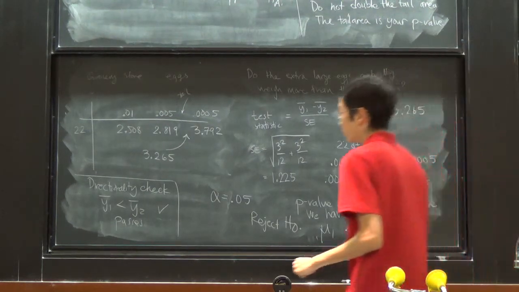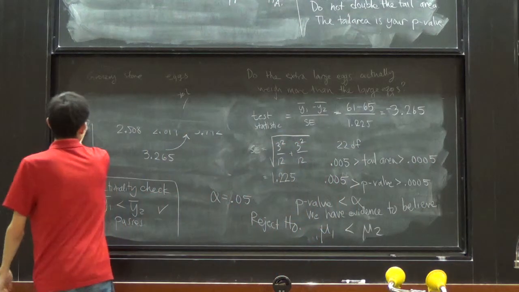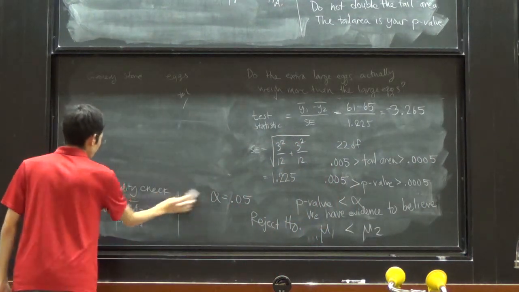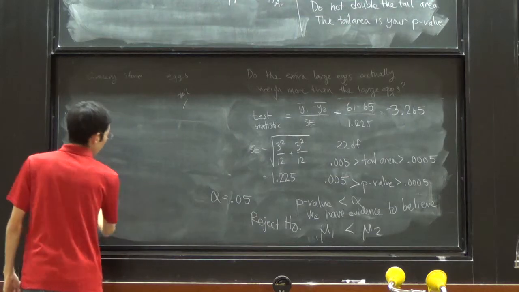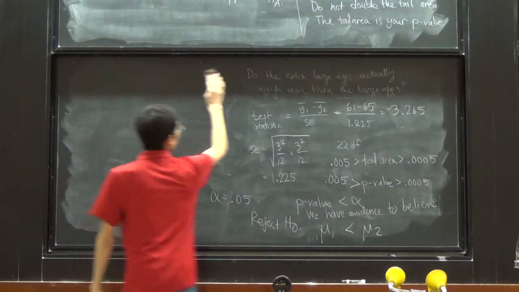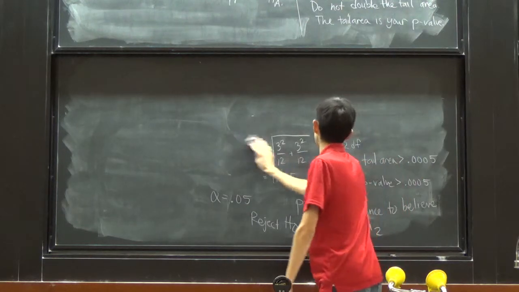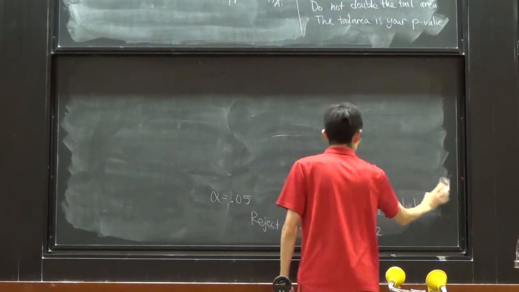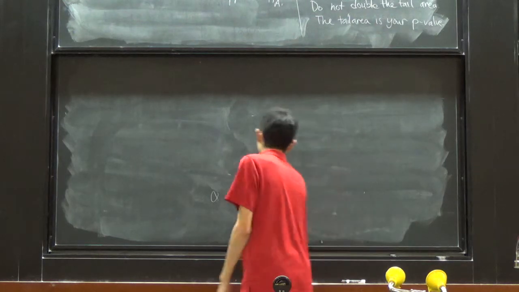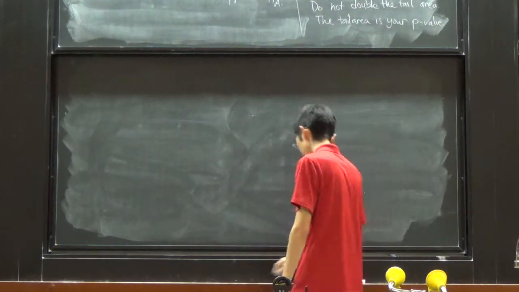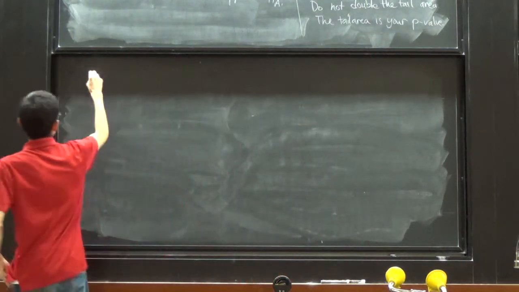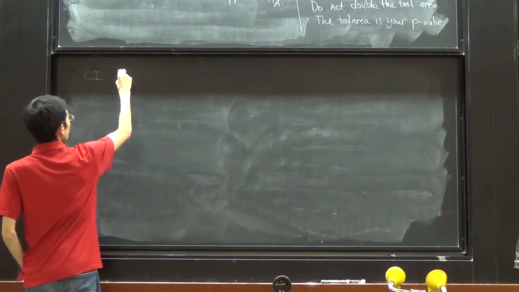So when we created a confidence interval for mu1 minus mu2, if the confidence interval did not include the number 0, then we said we had evidence that there is a difference between means.